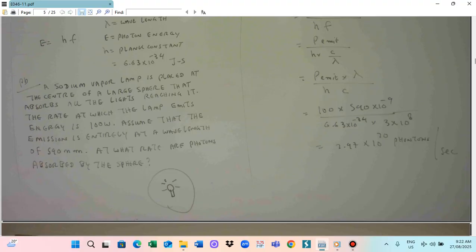Emission rate is equal to the rate of energy emission divided by the energy of an emitted photon.